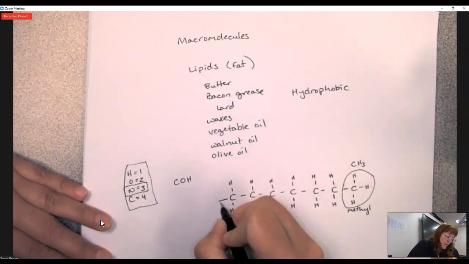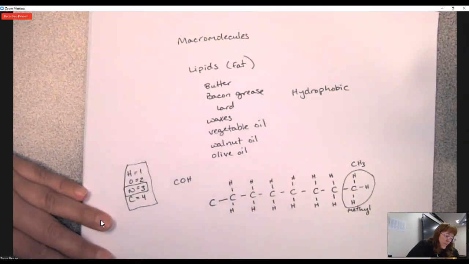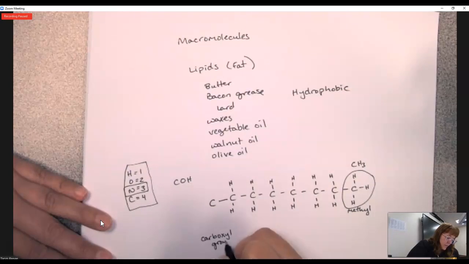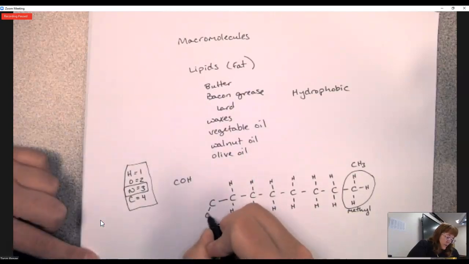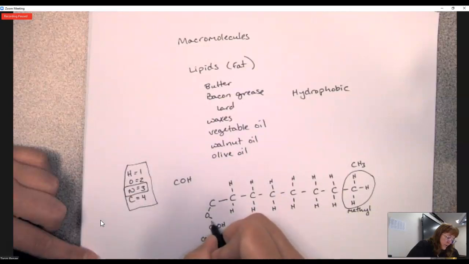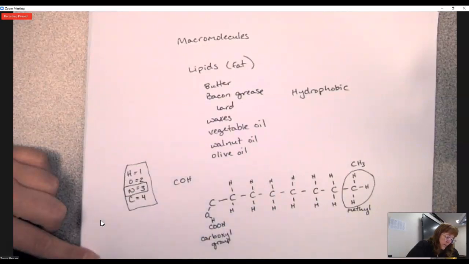Okay. So let's draw one last carbon over here, and I'm going to label that a carboxyl group. So it's another functional group, and that is a COOH. So oxygen needed two bonds off of it, so we have an O there that bonds with the C, and it's also going to bond with a hydrogen.